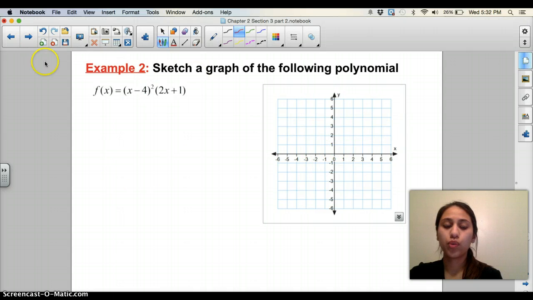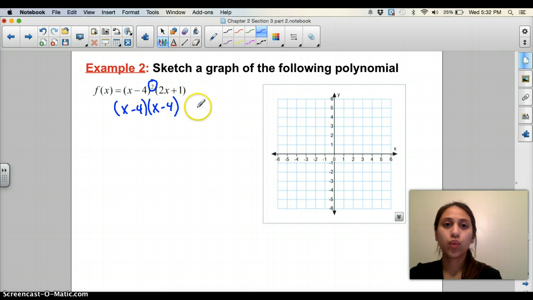Moving on, example 2: sketch a graph of the following polynomial. Very similar. We have something squared. So we can expand this and see that we have x minus 4 times x minus 4.